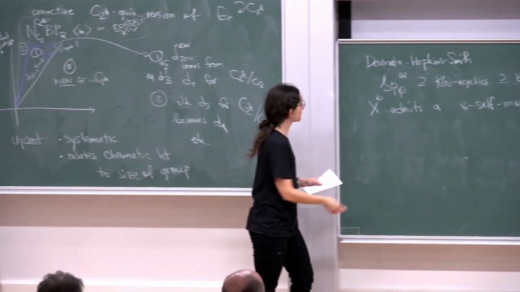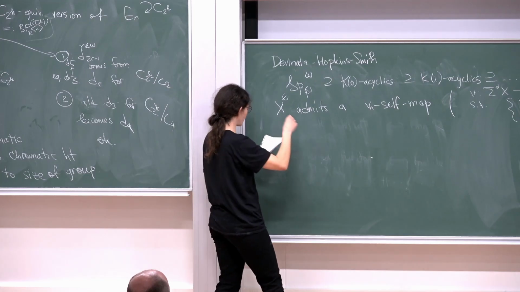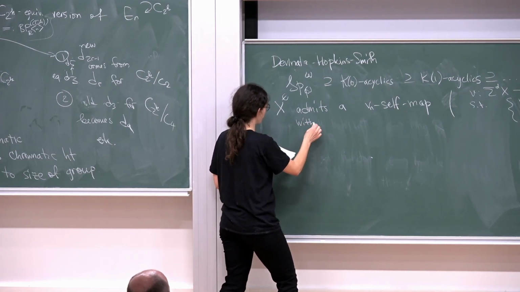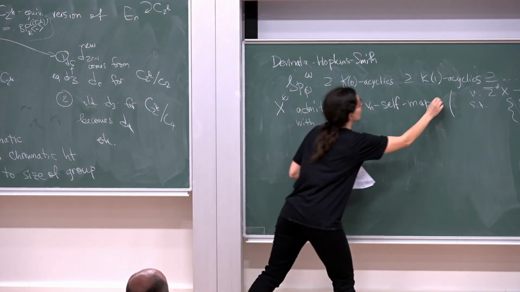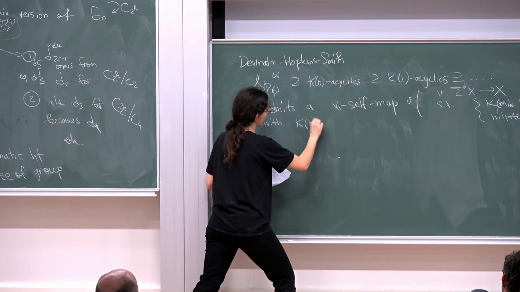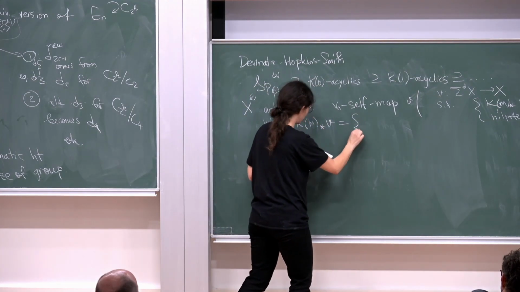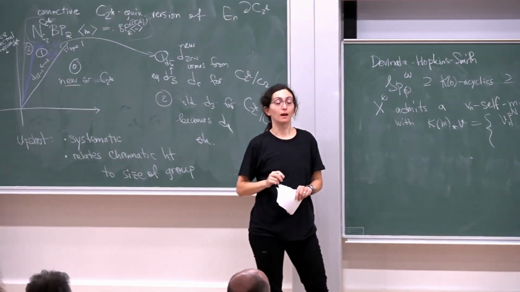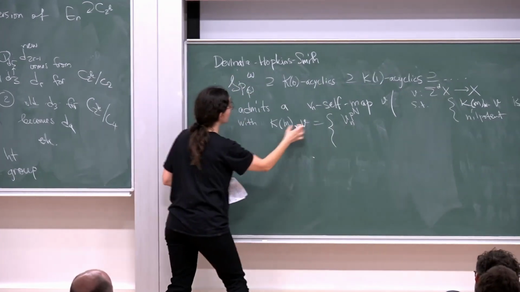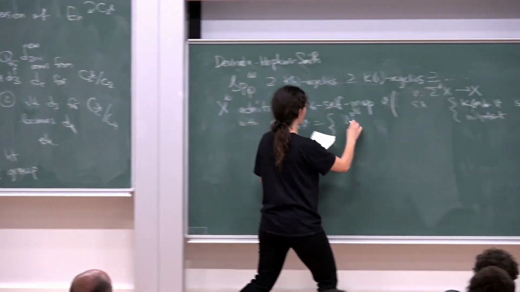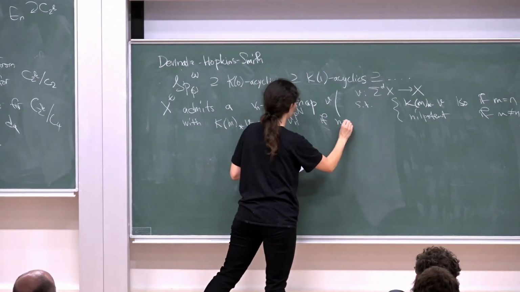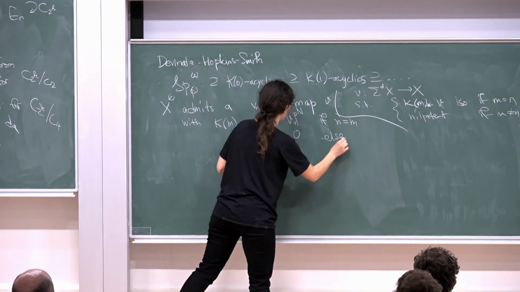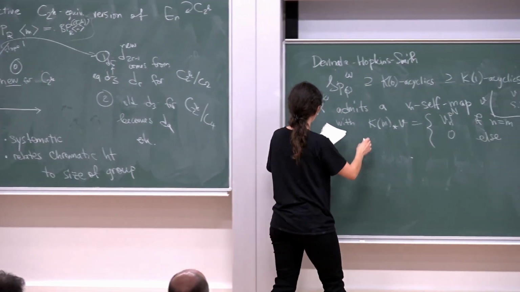And the characterization is that X admits a vn self-map. In fact, we can even be more specific. This is vn-p, multiplication by the element vn, the vn that comes from Kn, if n equals m, and it's 0 otherwise. Okay, when does this happen?